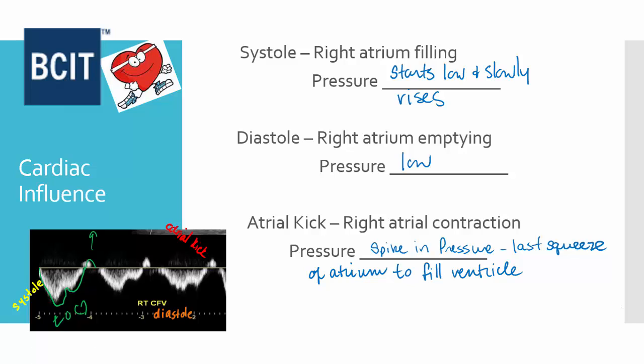And this is actually moving away from the heart. So that's the only time that blood is moving away from the heart when we consider normal cardiac function. And again, we continue to see that. Systole, diastole, atrial kick. Systole, diastole, atrial kick.